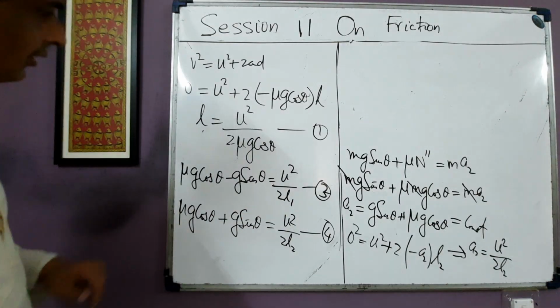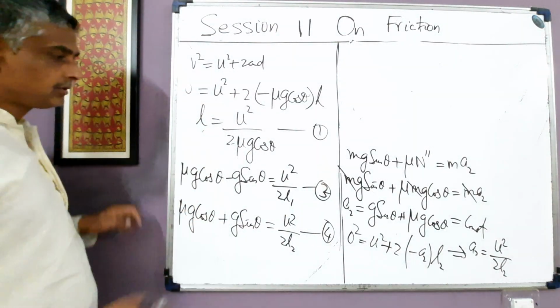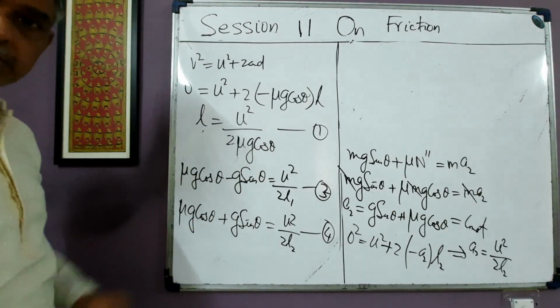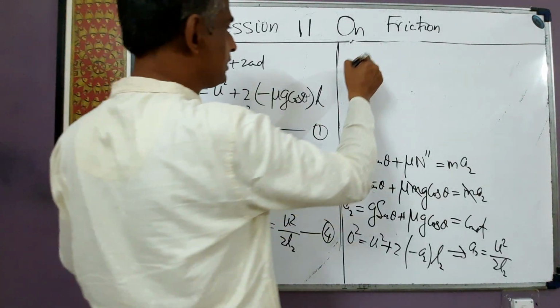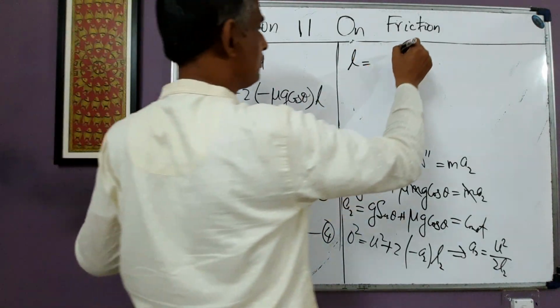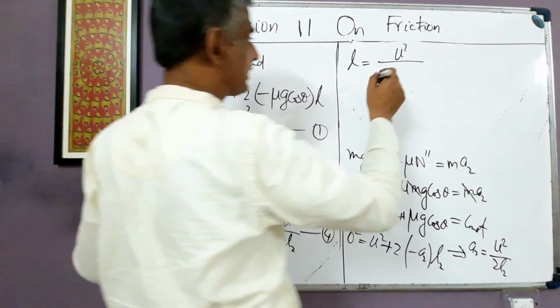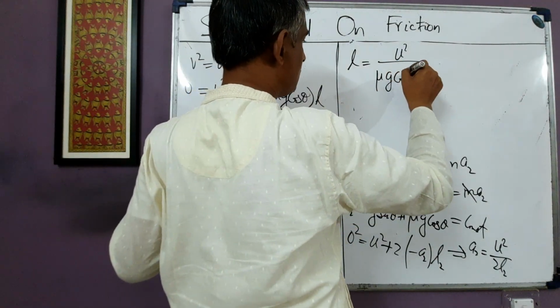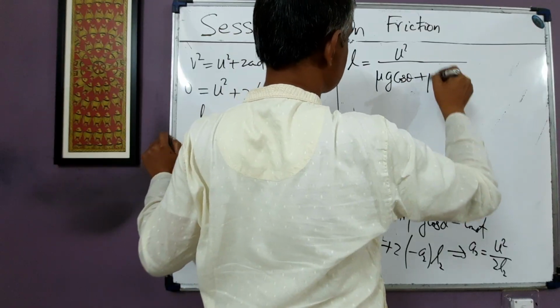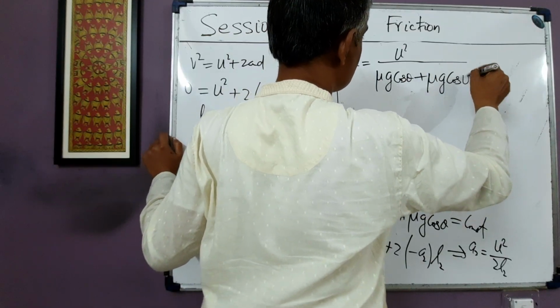Alright. Now we have to determine this L. So we have to eliminate mu and theta from these two equations. So now see, L can be written in this way. L is equal to u square by 2 mu g cos theta. Now 2 mu g cos theta can be written as mu g cos theta plus mu g cos theta.